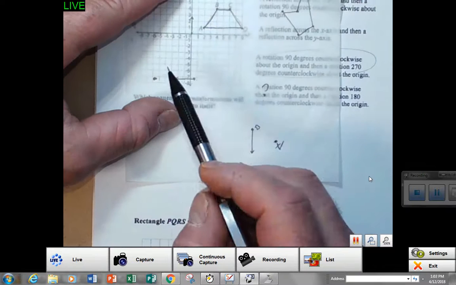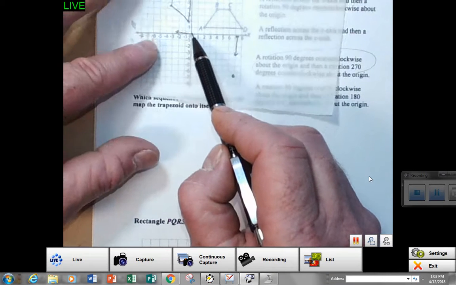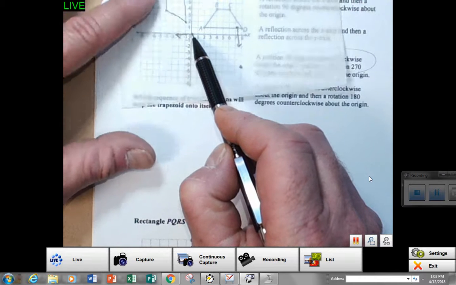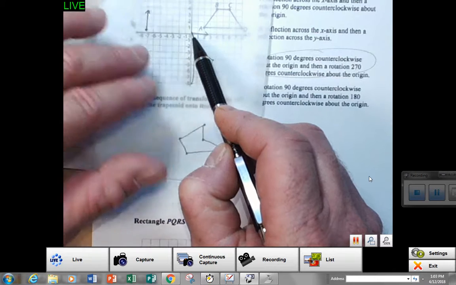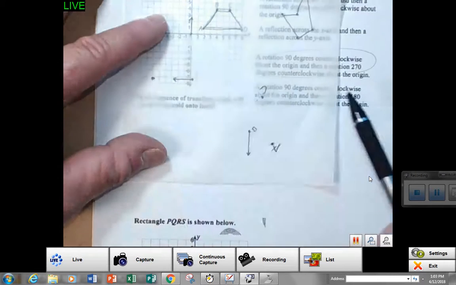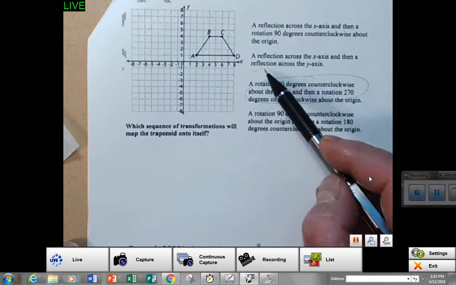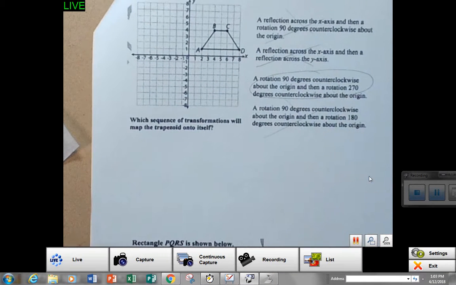So 90 degrees counterclockwise, and then 270, which is 3/4 of a turn. So there's 90 more, 180 plus 90 more is 270. So the only one that works is this one right here. The others don't quite work. They don't end up back at that same spot.